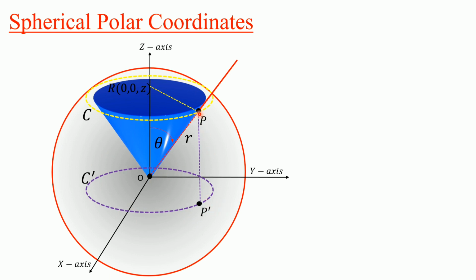Now see, for every point on this circle C, there exists a unique point which lies on the circle C dash. So if we know the coordinates of this point P dash, we can easily identify the coordinates of point P. Therefore, now we are in a two-dimensional plane, where the radius of this circle C dash, let's call it rho, and we take the angle here as phi.